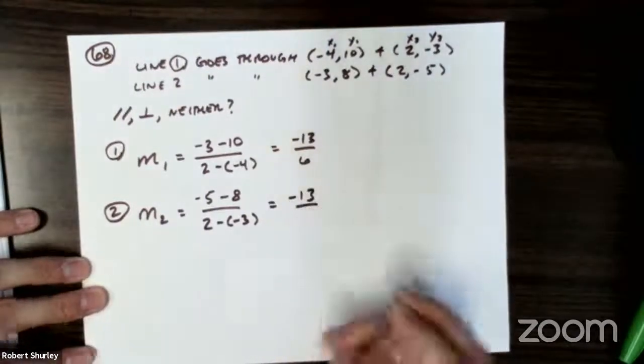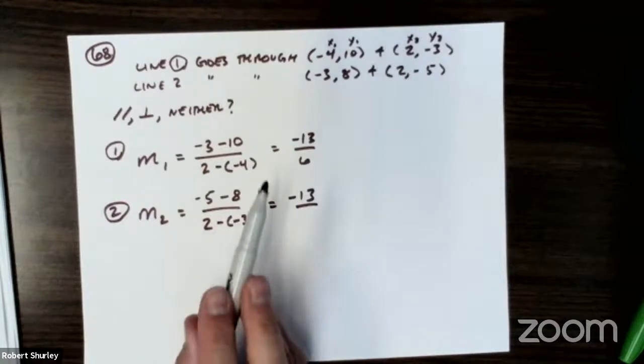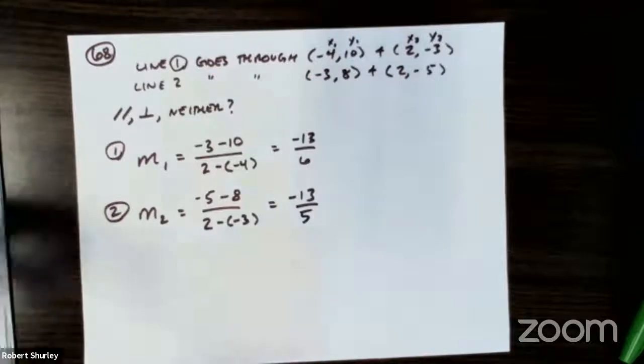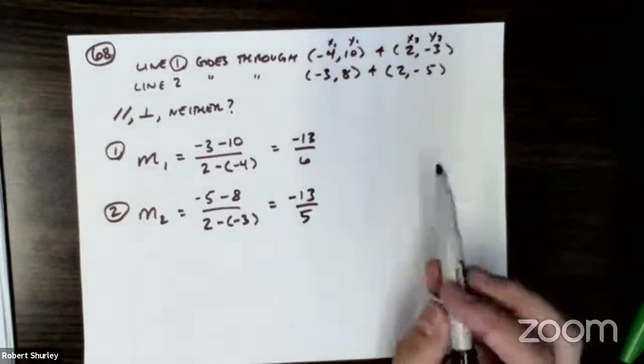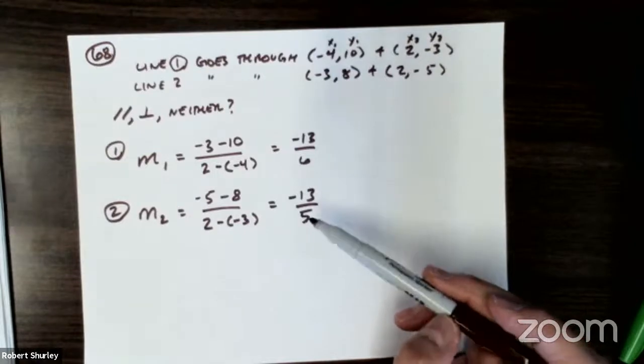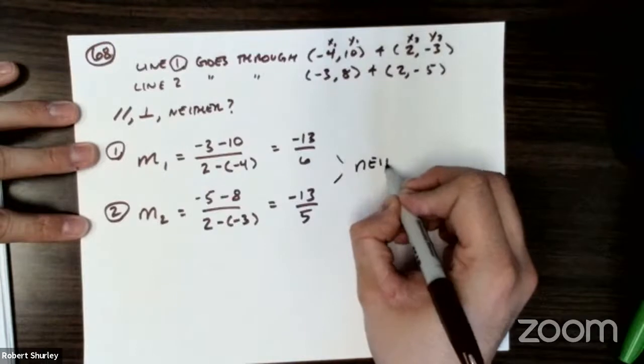We got that part. But 2 minus a -3, that's 2 plus 3. That's not 6. 2 plus 3 is 5, right? Oh, it was so close. Not -13 over 6, but -13 over 5. So this turns out to be neither.